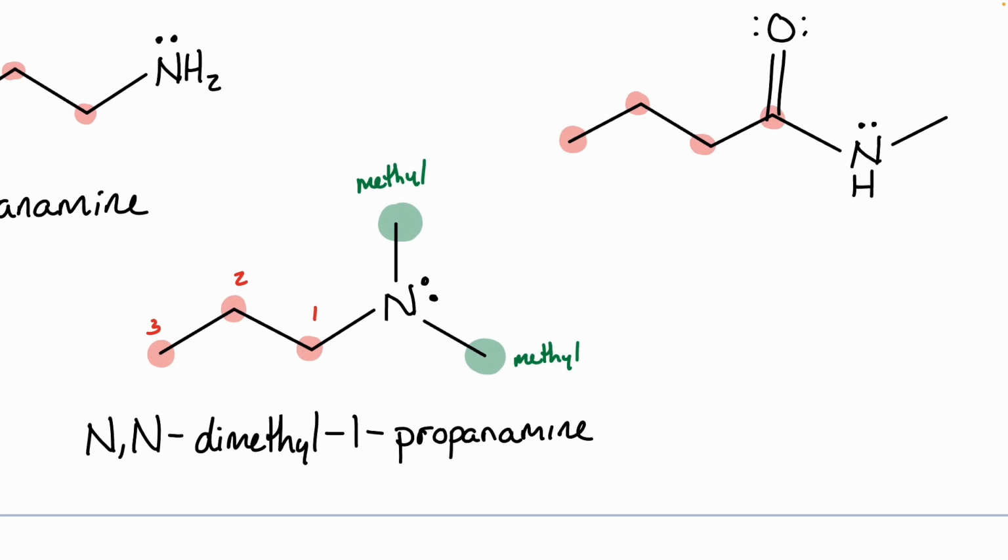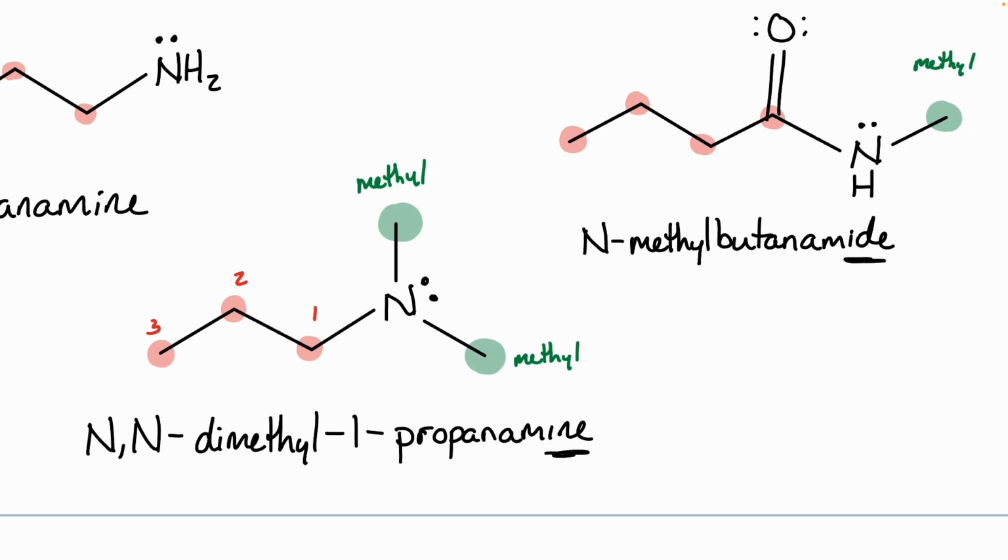This would be treated just as a methyl group, but it's located on our nitrogen, so this would be N-methyl. With amides, I don't have to indicate the location of that amide group, so this would just be butanamide. Right, not amine, but amide.